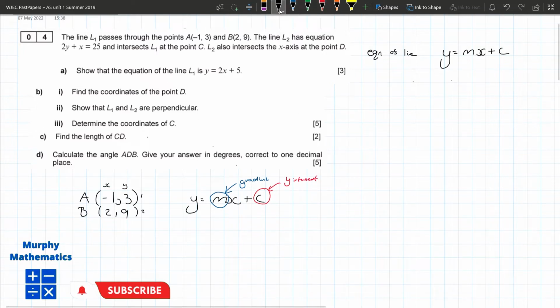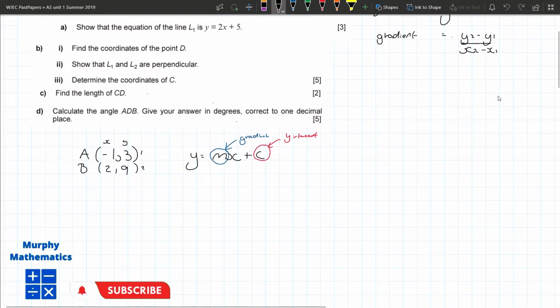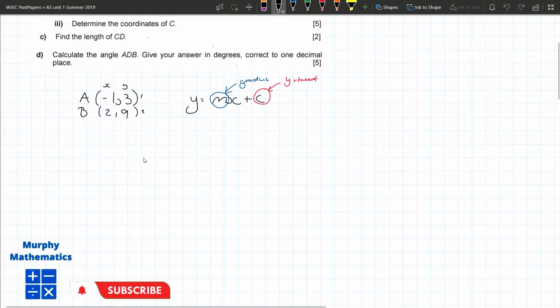Okay, so to find out m, that's another equation, the gradient, and that's the change in y over the change in x, so we can write that as y2 minus y1 over x2 minus x1. Okay, so let's use our coordinates and do that.